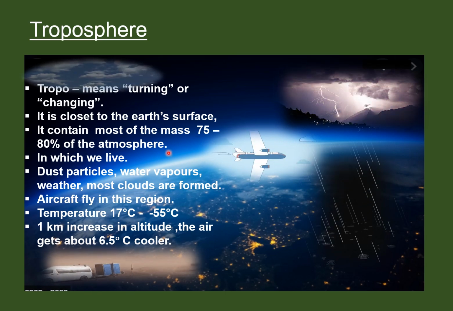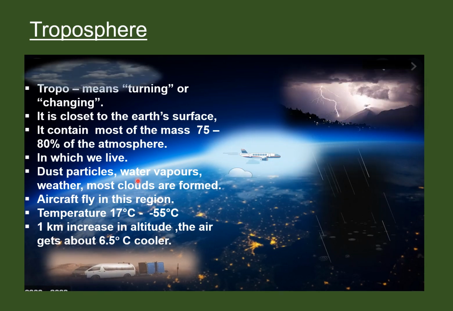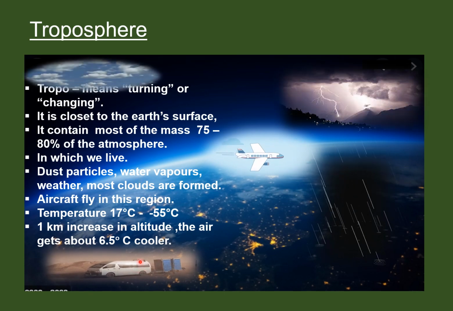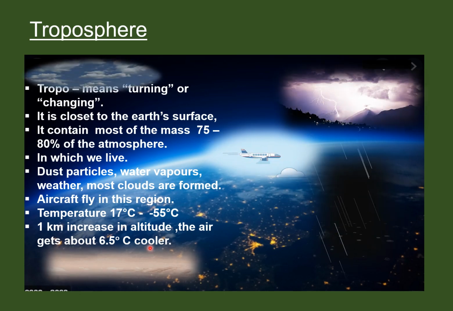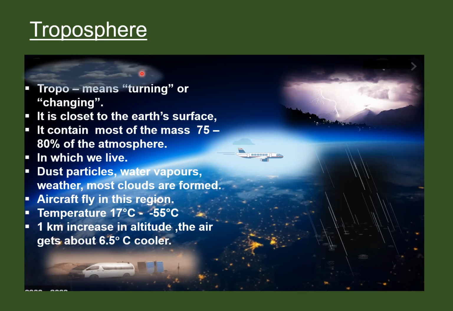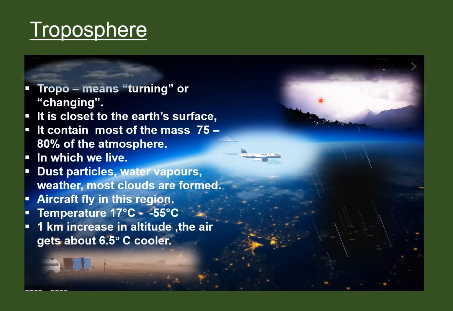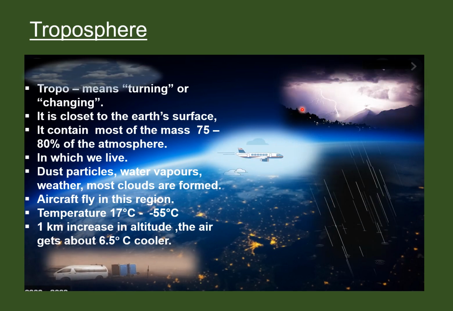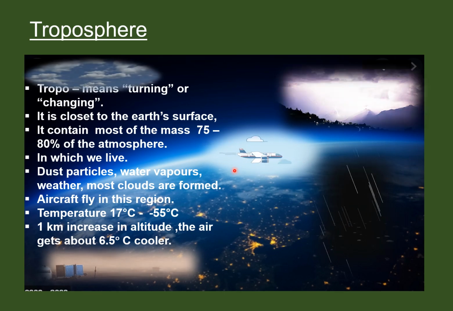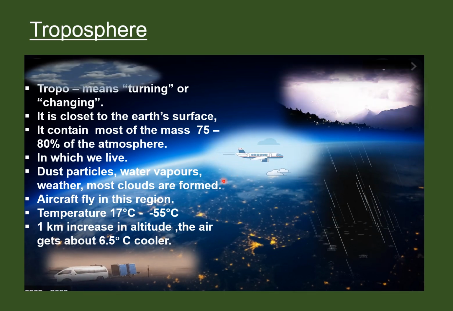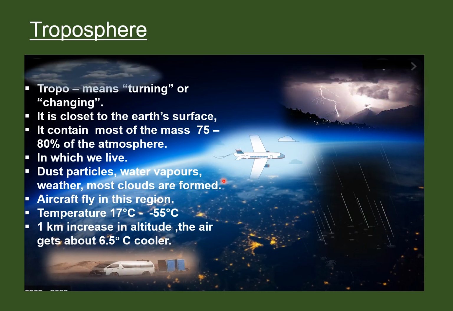This layer contains dust particles, dust storms, water vapors, clouds, weather systems. Aircraft fly in this region. Temperature of this layer is 17 degrees centigrade to minus 55.